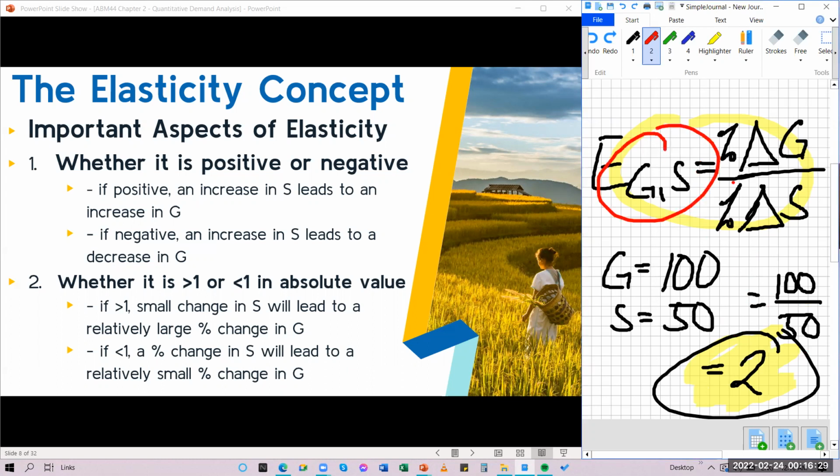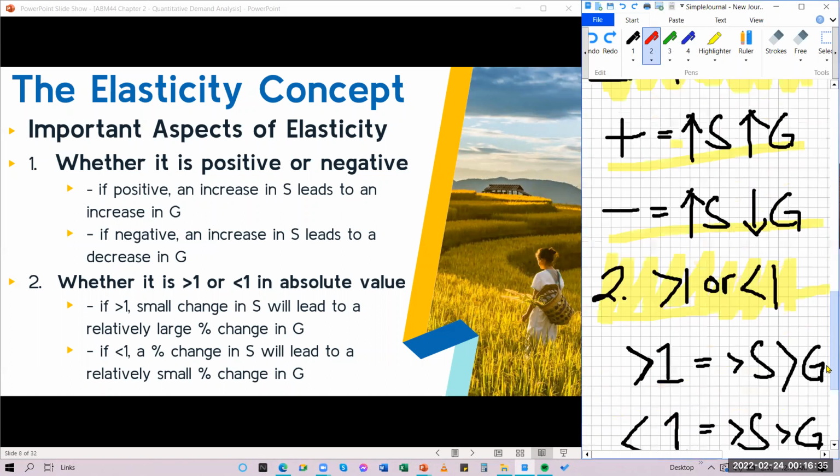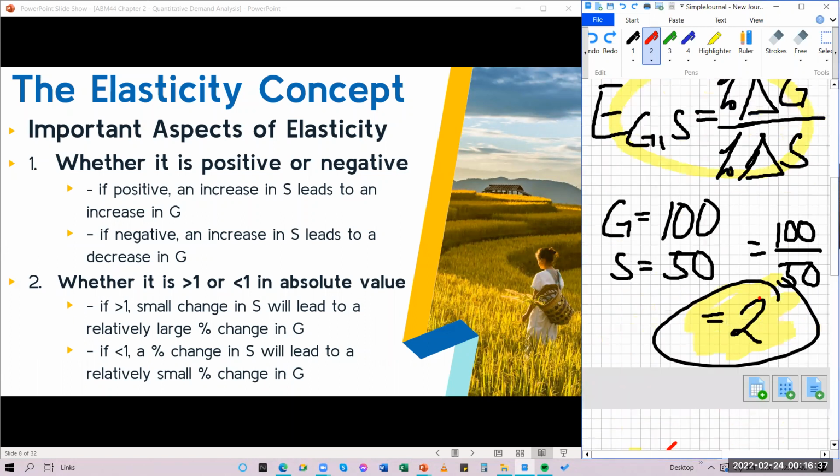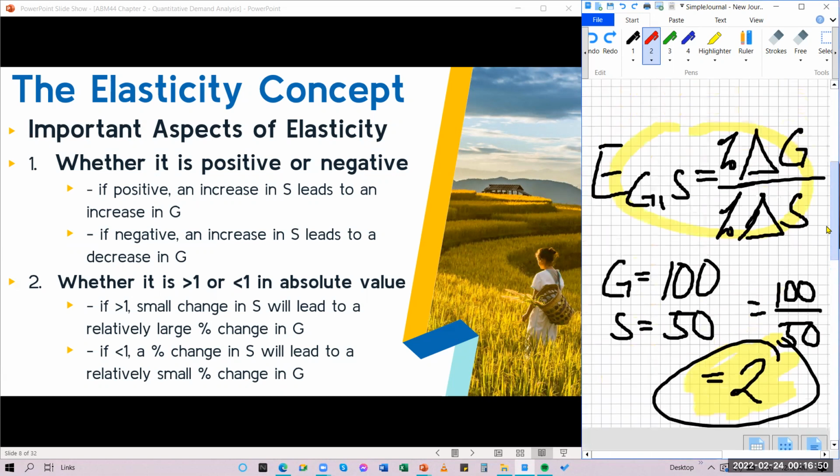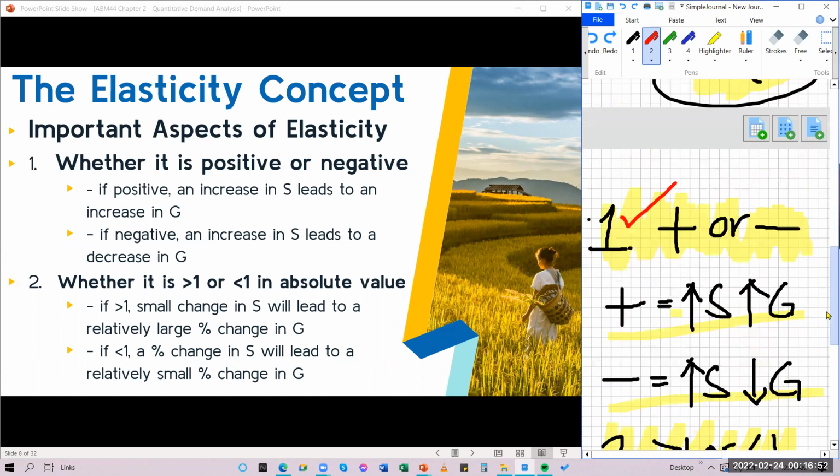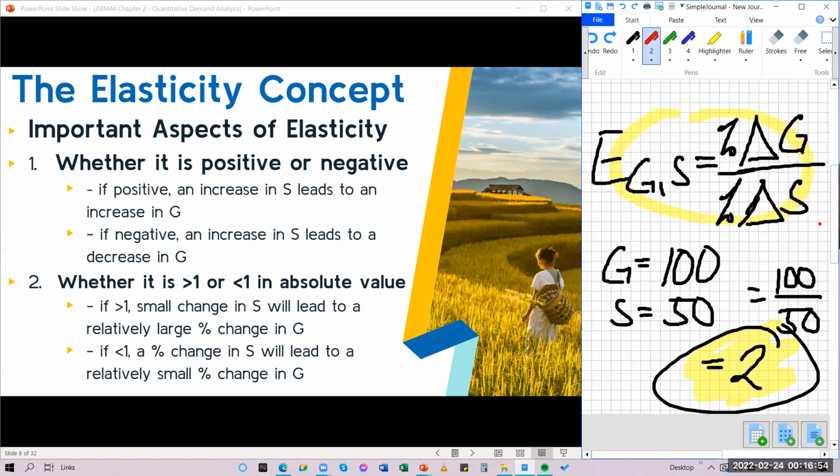Grades is to studying, so the elasticity of your grades and your studying. That means every 1% change in your studying will lead to at least a 2% change in your grades. So this is an example of how elastic this commodity, or this situation, is.